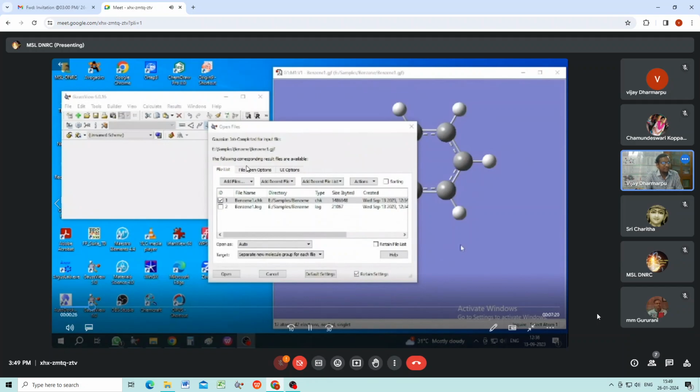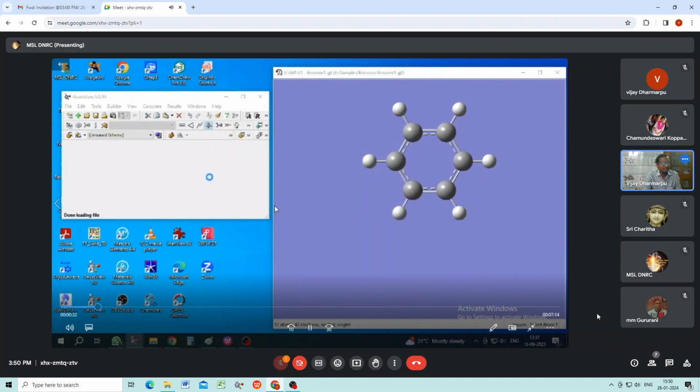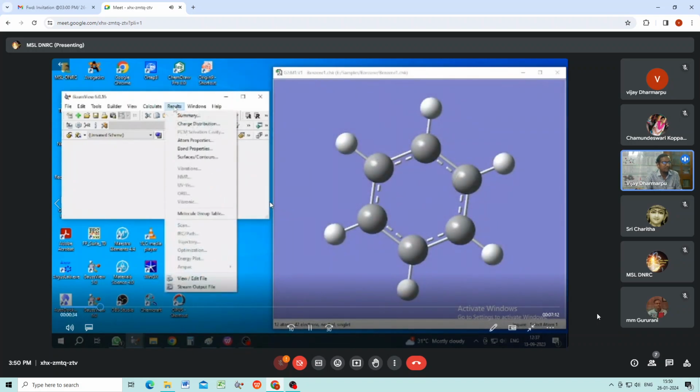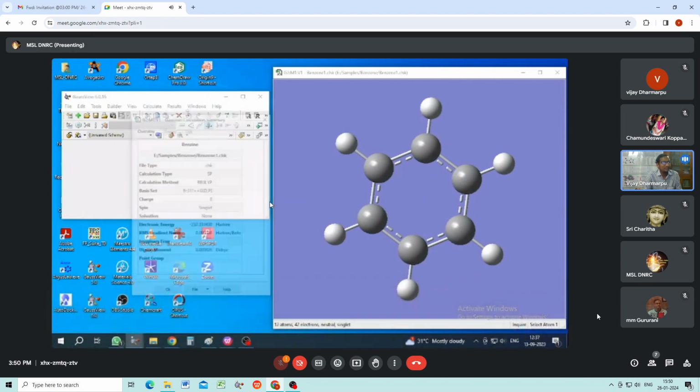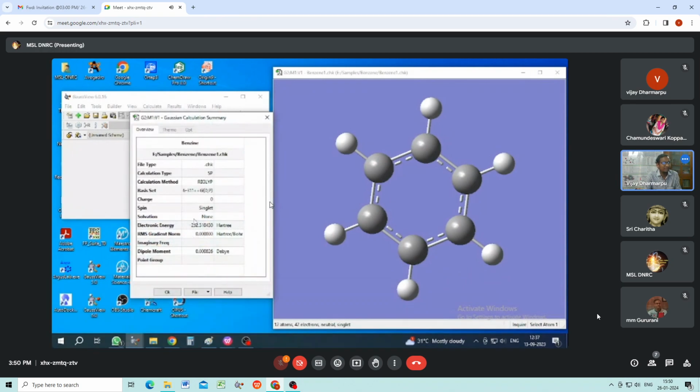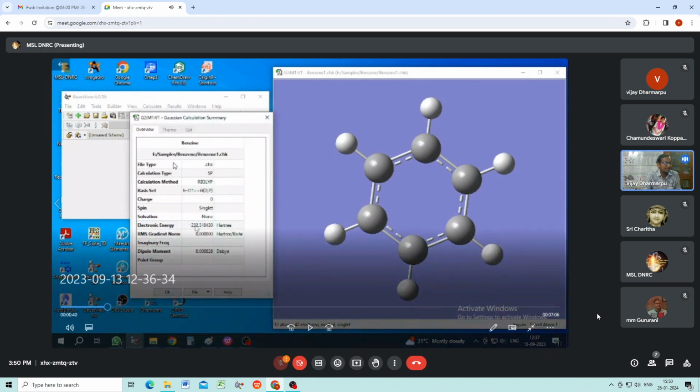After the run, the output will come like this, with a checkpoint file and a log file. The checkpoint file is for further usage. I am using the log file for the information on benzene: file type, check file, and SP calculation.